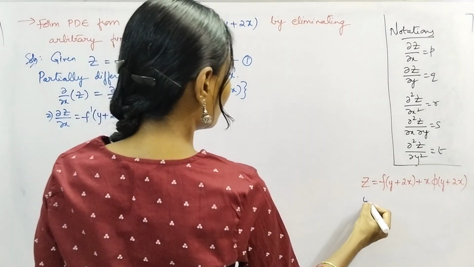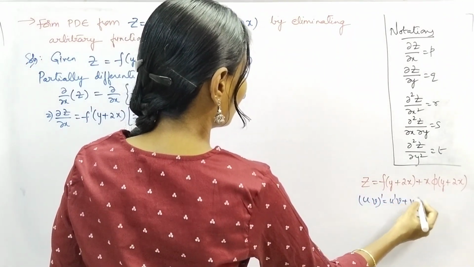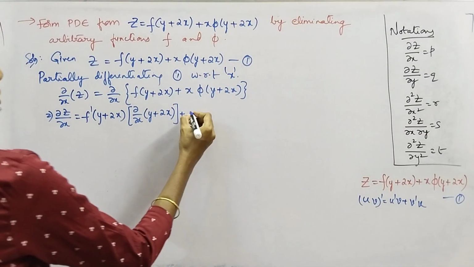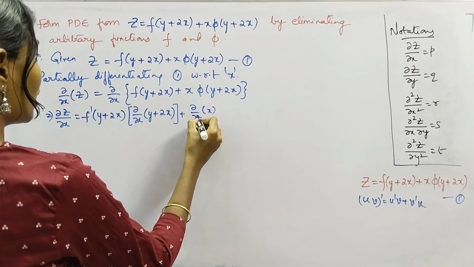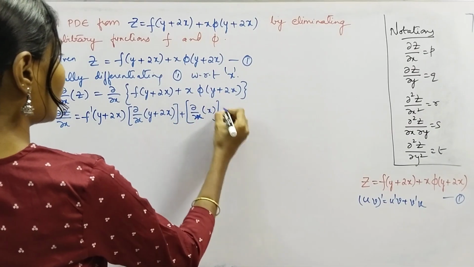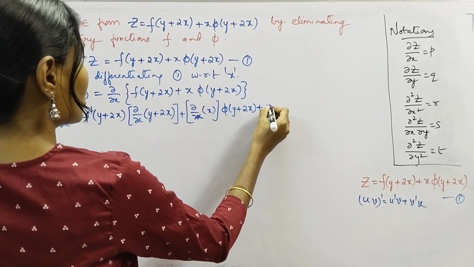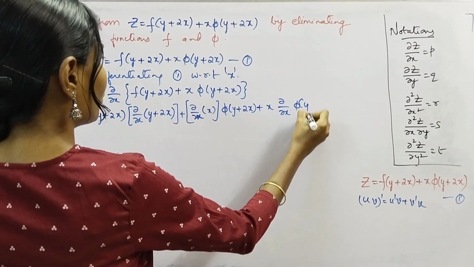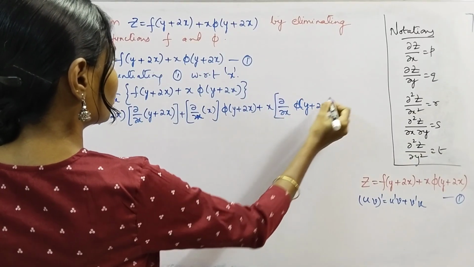We'll apply the uv whole prime formula, which is u dash v plus v dash u. So you'll get the partial derivative of x with respect to x into phi plus x into the partial derivative of phi of y plus 2x.